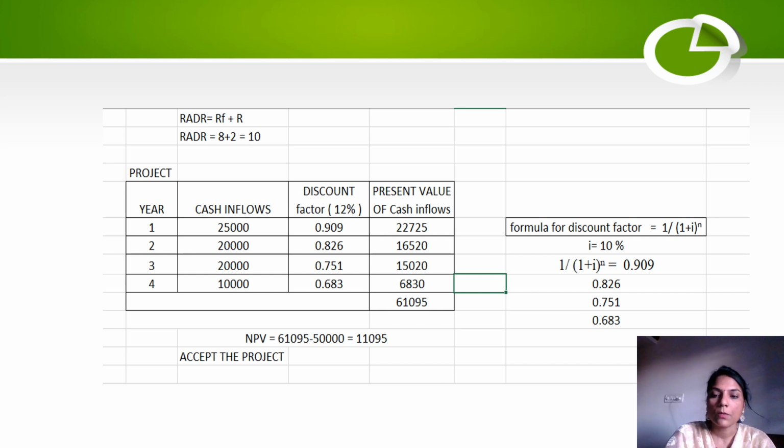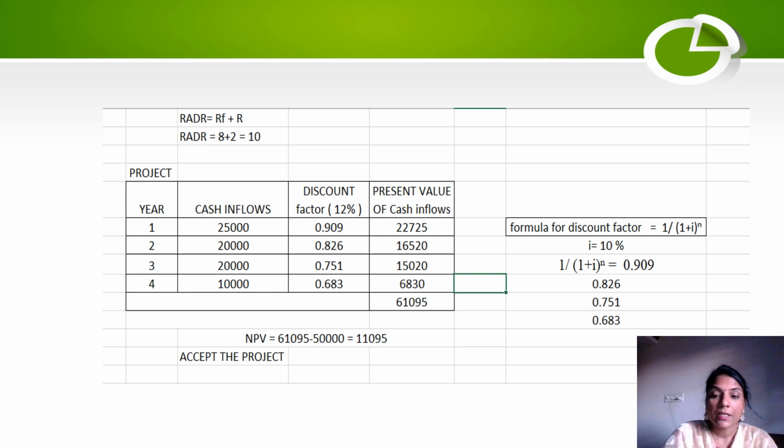And the cash inflows they have given in the question are: first year 25,000, second year 20,000, third year 20,000, fourth year 10,000. Normally when we calculate the NPV, we use only 8%, but in the RADR approach, we are not only looking at the risk-free rate of return.